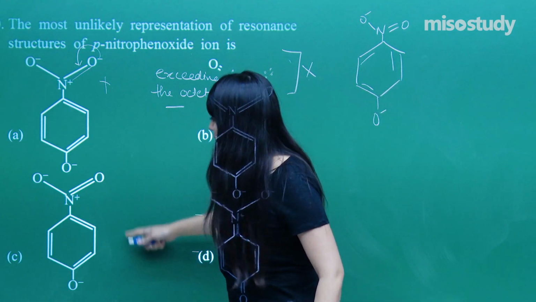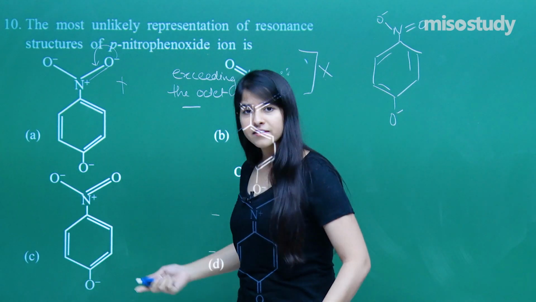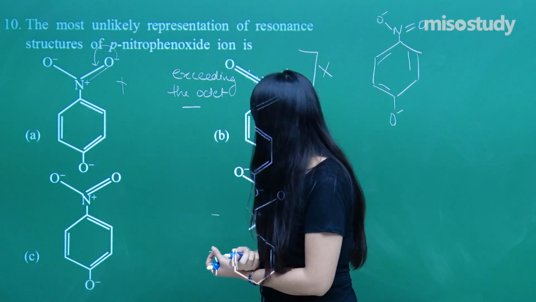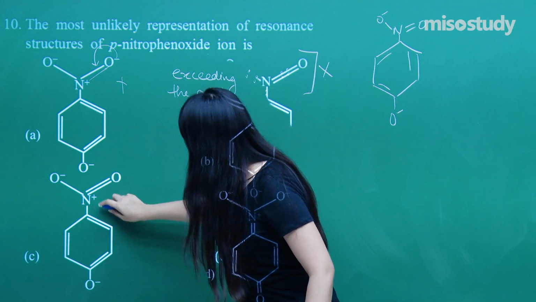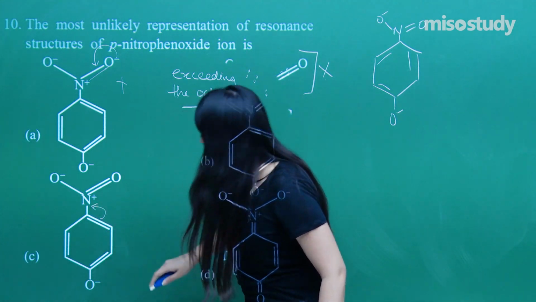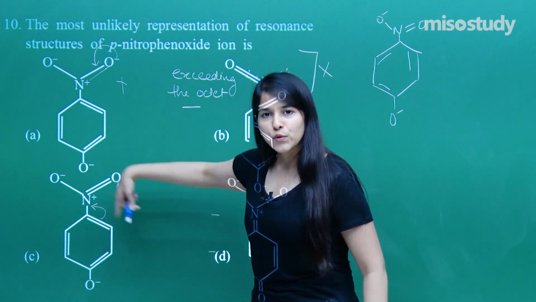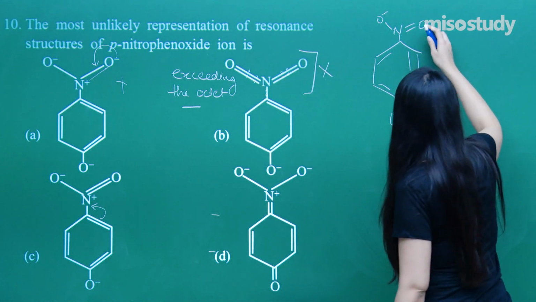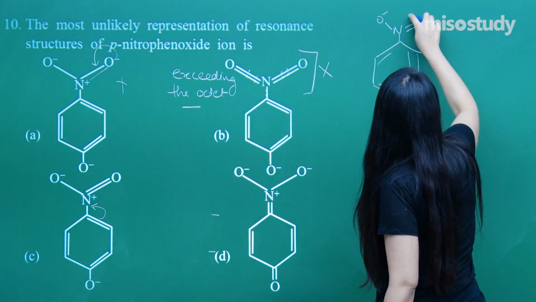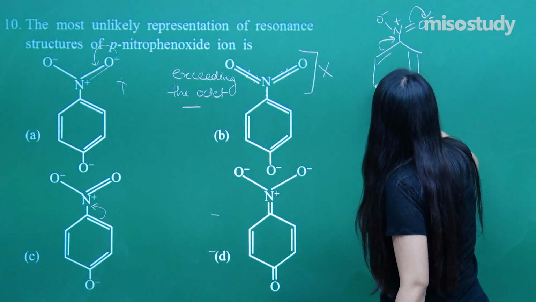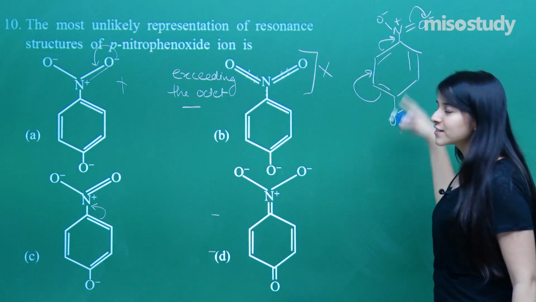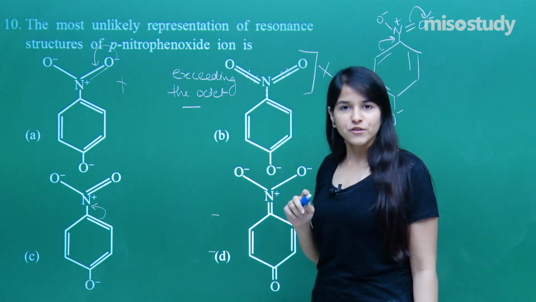So as you can see over here, again this is a possible representation. If I shift these very electrons, now the resonance starts within the phenoxide ion. See here very carefully. The negative charge over here, positive here, and that is how the resonance starts into the para-nitrophenoxide ion.